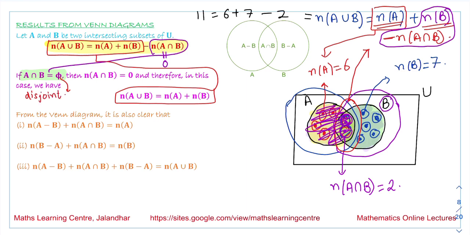Next, from the Venn diagram we are talking about, we consider that this is the universal set.